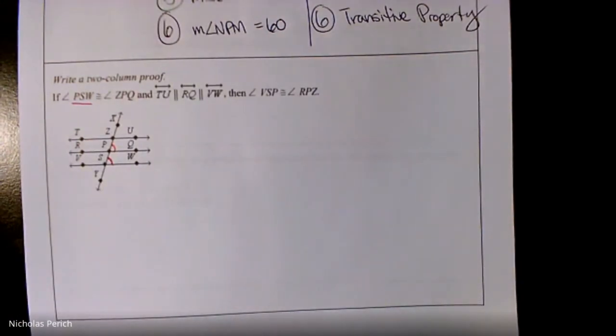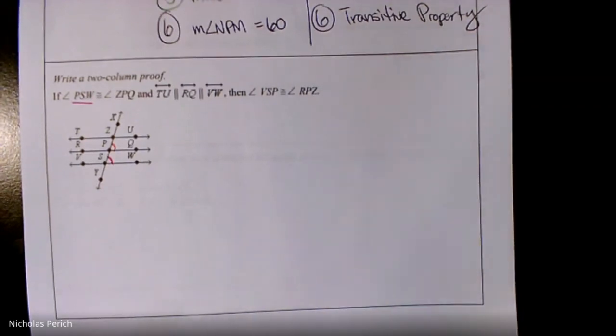And all of those three lines there are parallel. Then VSP is congruent to RPZ. I need to show that these two are the same.